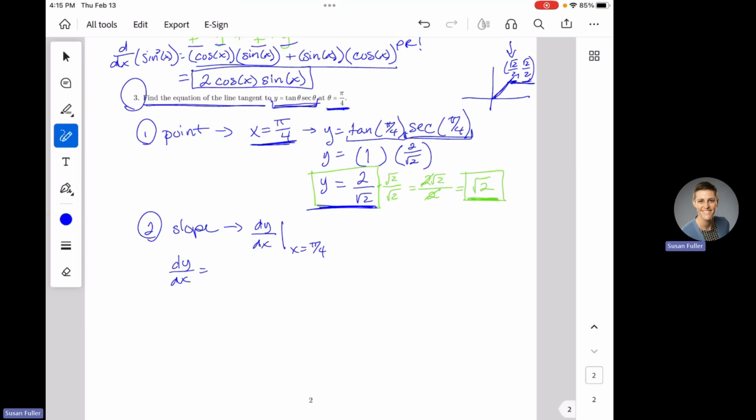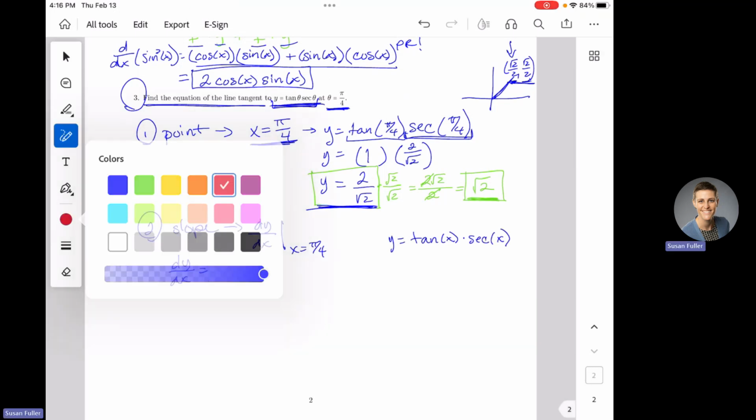And then we'll plug pi over 4 in after we find it. So y looks like tangent of x times secant of x. Again, my brain likes x's better than thetas. We can do this with thetas as well, but my brain likes x's, so I'm just going to make these x's.